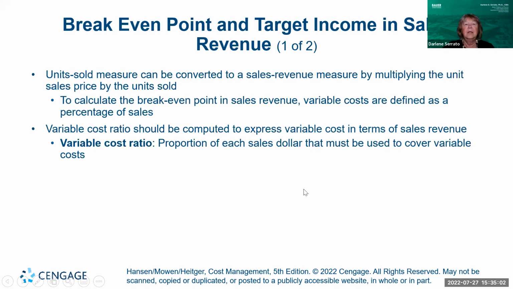Okay. So the variable cost ratio is variable costs divided by sales dollars. Okay.